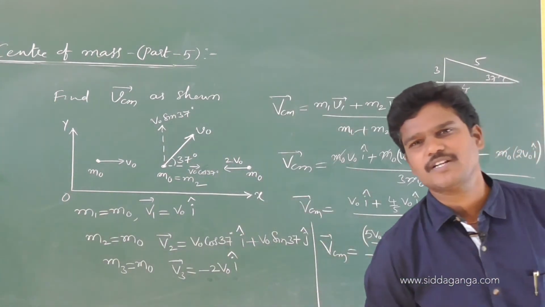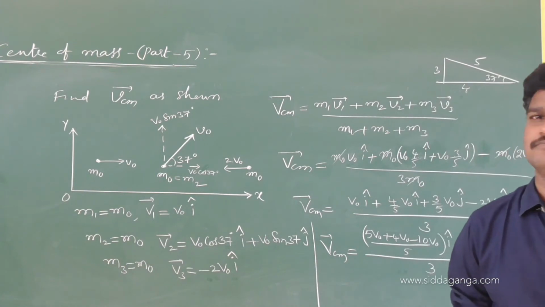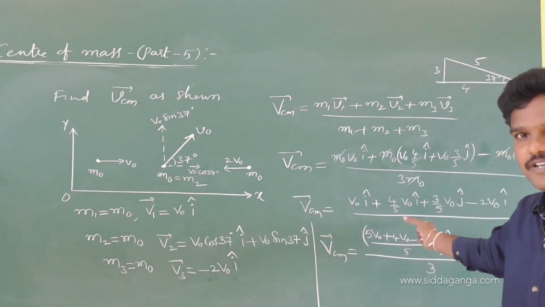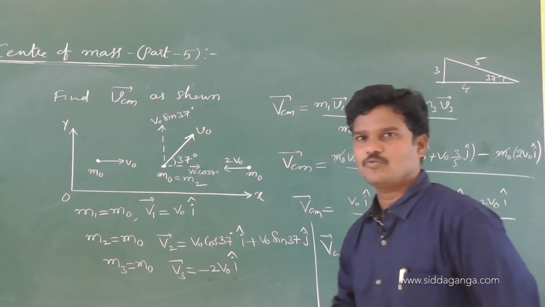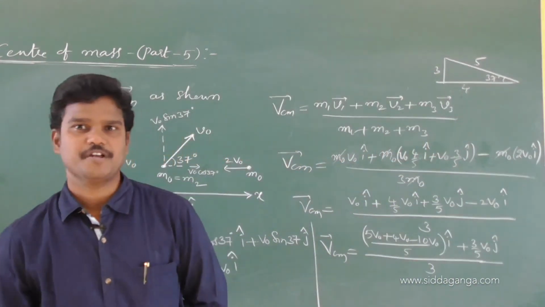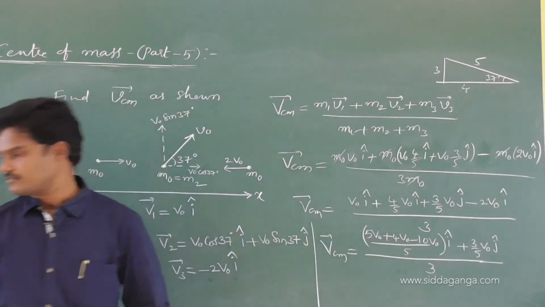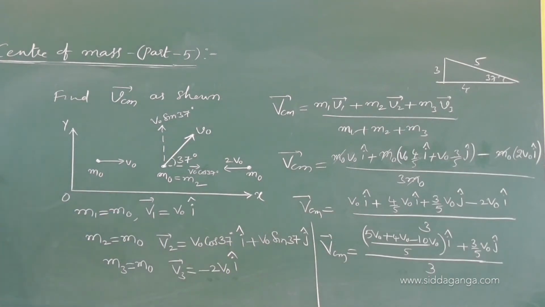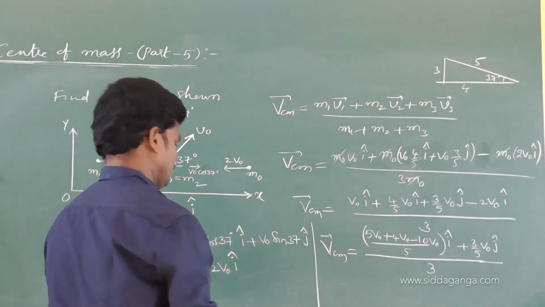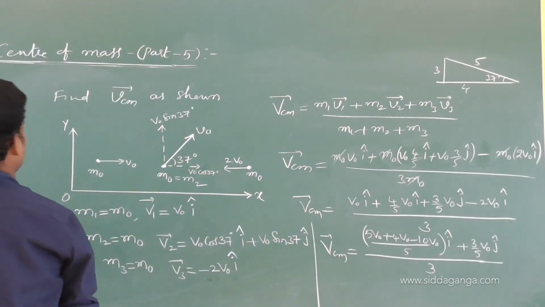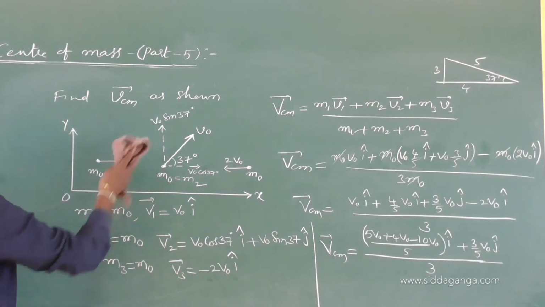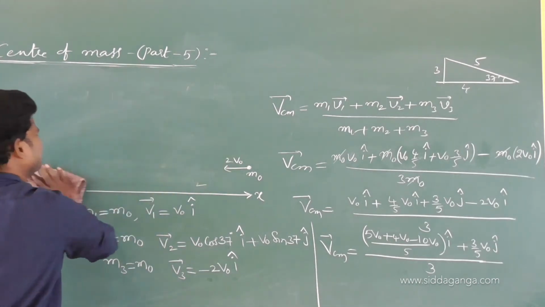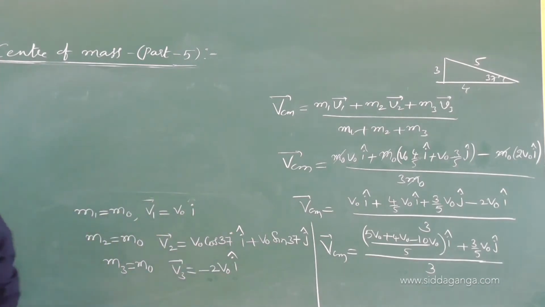Then if they ask you to find the magnitude, you can go for root of i cap square plus j cap square, and you will get the answer. You know how to find magnitudes from vectors. I think you extended most of them.